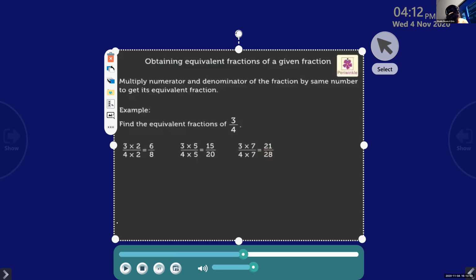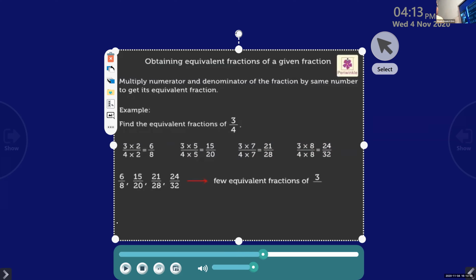Multiplying with 8, we get 3 into 8 upon 4 into 8, which is equal to 24 upon 32. Thus, 6 upon 8, 15 upon 20, 21 upon 28, 24 upon 32 are few equivalent fractions of 3 upon 4.